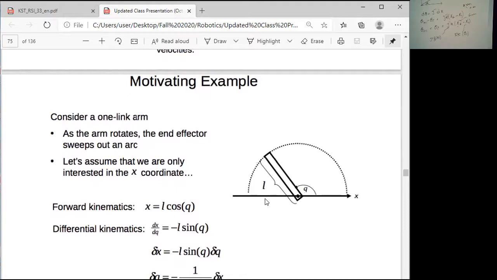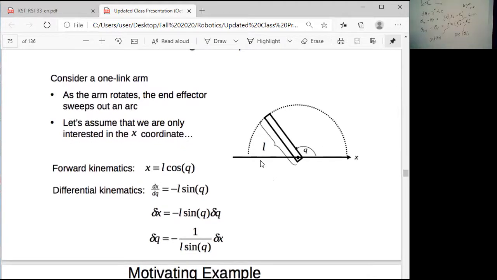So this is my x, it's always valid. If I want the quick inverse kinematic solution, we know x equals L cosine of q. You are trying to find q as a function of x. So q is going to be equal to the inverse cosine of x over L.